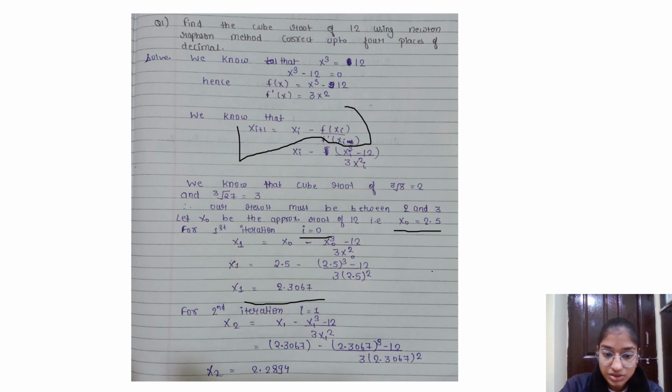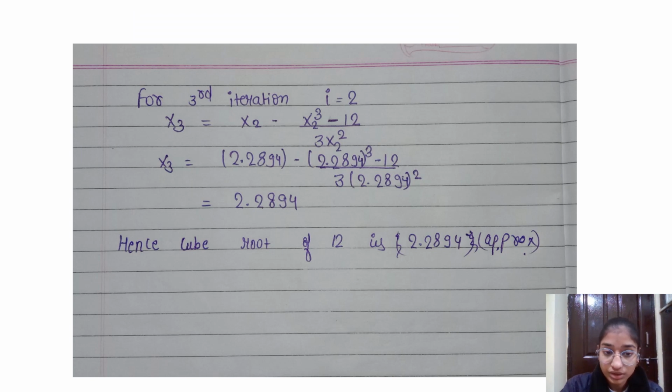For second iteration, x2 comes out to be 2.2894. For third iteration, x3 comes out to be 2.2894. Hence, the cube root of 12 is 2.2894. Newton-Raphson method is the best way for finding cube roots compared to other methods. This is our first question.